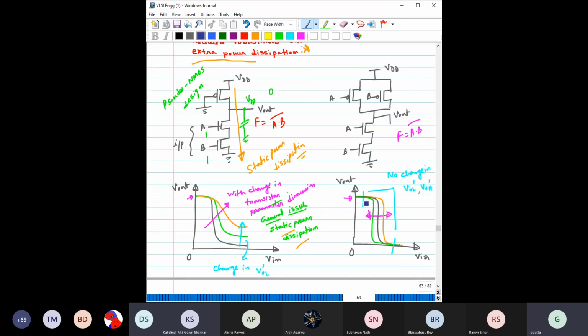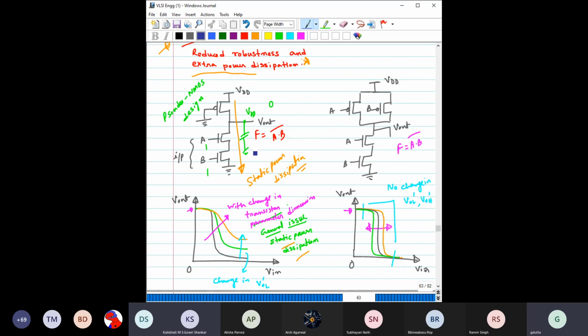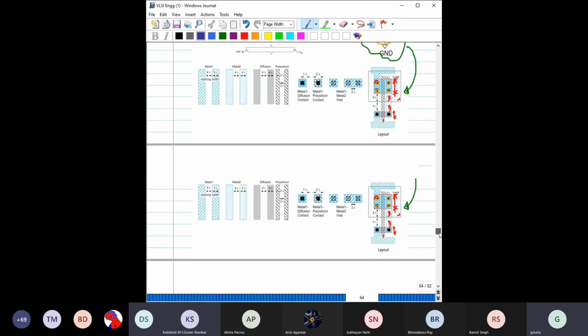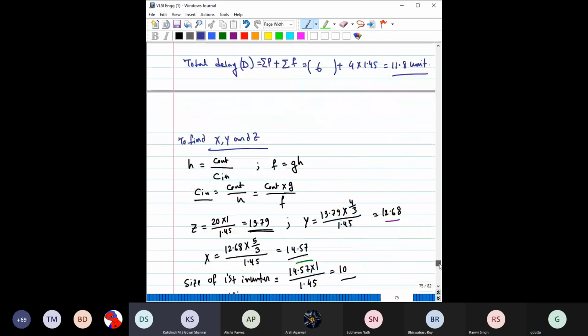Here the levels do not depend on the transistor sizing, only the VTC shifts horizontally. However, if you consider the pseudo NMOS design, depending on the sizing of this PMOS as well as this NMOS, the position of VOL changes. So we have discussed this, right?